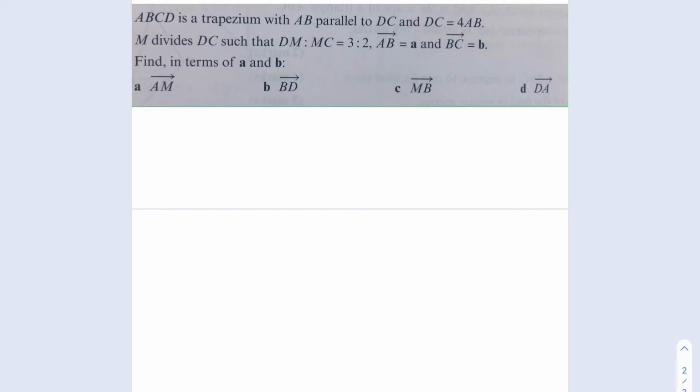So I'm going to begin this question by drawing that trapezium such that the parallel sides are something like this. One has to be 4 times bigger than the other. That's roughly okay. So A, B, C, D. Now I highly recommend doing this because it is very difficult to do vector arithmetic questions without having at least some kind of visual.